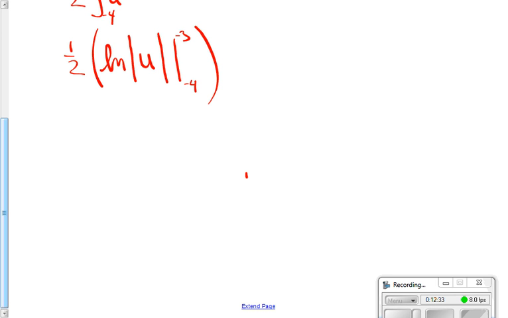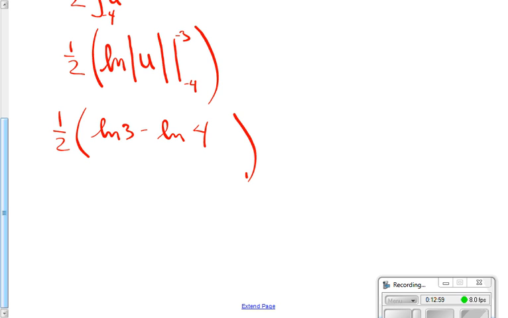About to run into a log property here. I'm going to have 1/2 quantity natural log 3 minus natural log 4. Where'd the negatives go? Absolute value, right? Difference of logs. Not wrong if you leave it, but difference of logs can be simplified if you're paying attention during pre-calc a year ago.